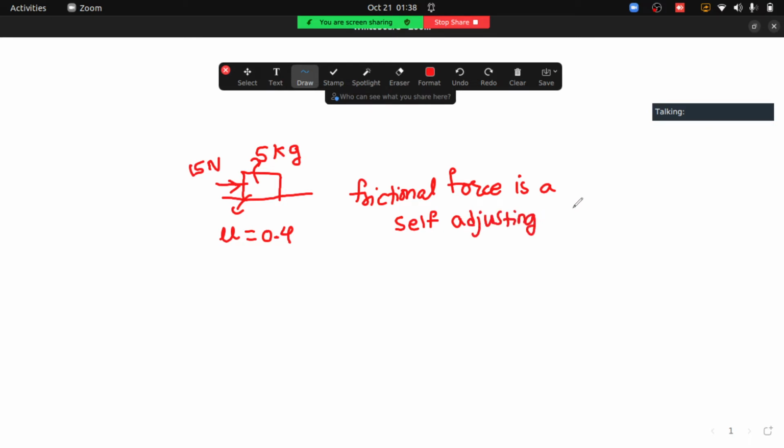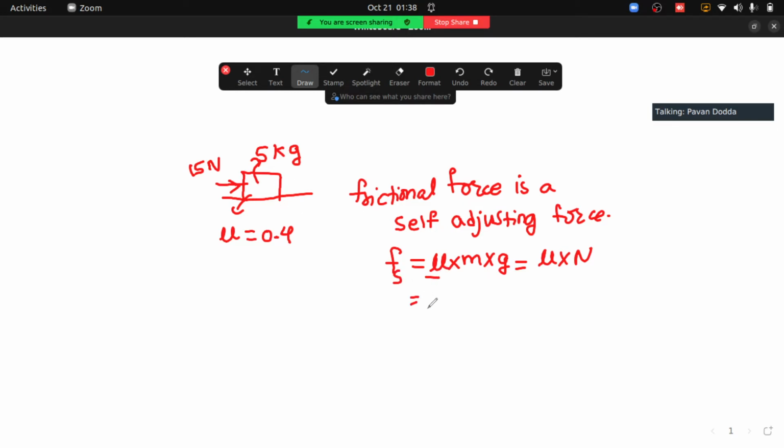So let me write it. It means that, and also the maximum frictional force is given by mu times mass times g, or it can also be written as mu times N. Now tell me what is the maximum frictional force the block can offer.